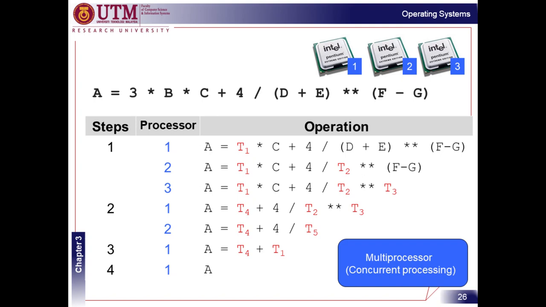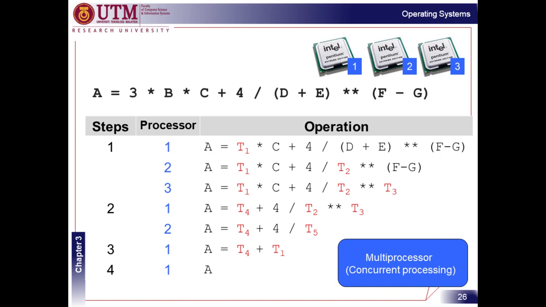Processor 2 computes T2 equals D plus E, which is the denominator of the second part of the expression. Processor 3 computes T3 equals F minus G, which is the exponent of the expression.